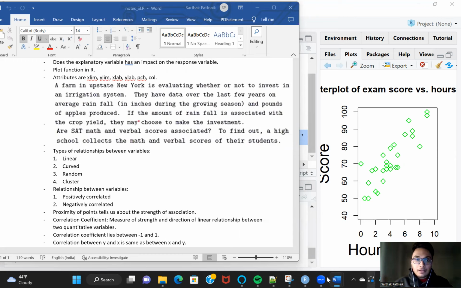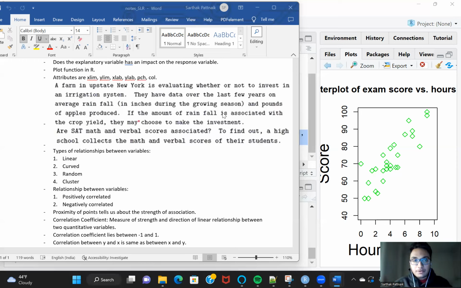So in a given scenario, let's just say this is an example that is given to you: a farm in upstate New York is evaluating whether or not to invest in an irrigation system. They have data over the last few years on average rainfall in inches during the growing season and pounds of apples produced. If the amount of rainfall is associated with the crop yield, they may choose to make the investment.